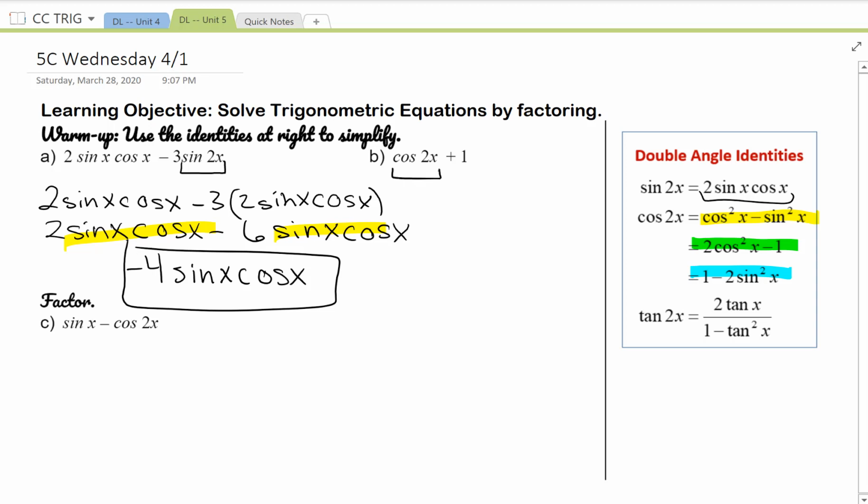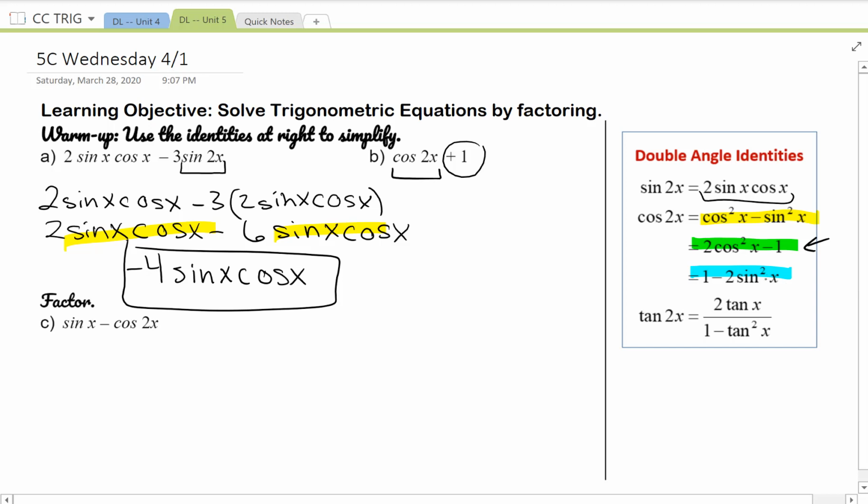Okay, let's look at the next one. Cosine 2x plus 1. We could replace it with the yellow one, the green one, or the blue one. Okay, but I see here that this is adding 1. So what I thought was, what if we chose the one that's subtracting 1 so that we will only have one term at the end?